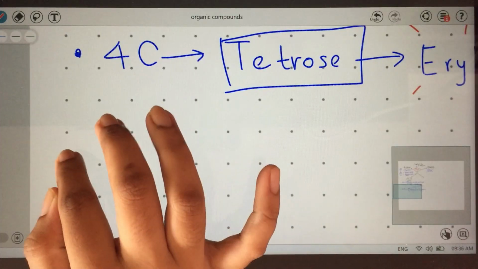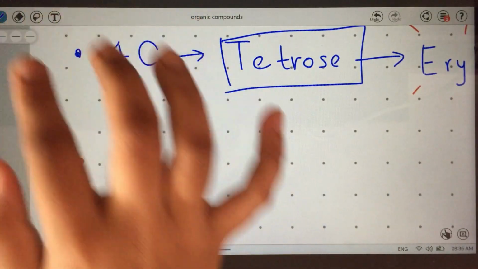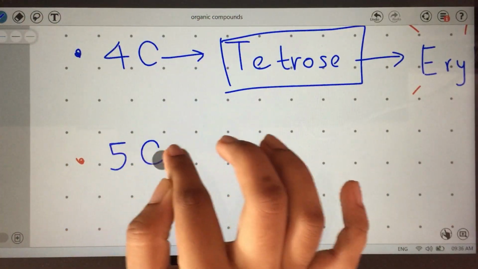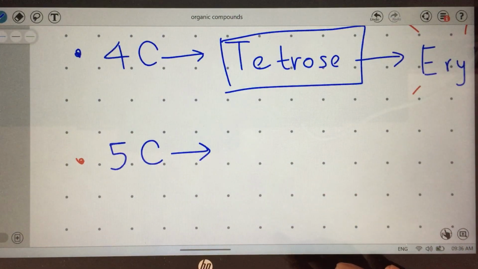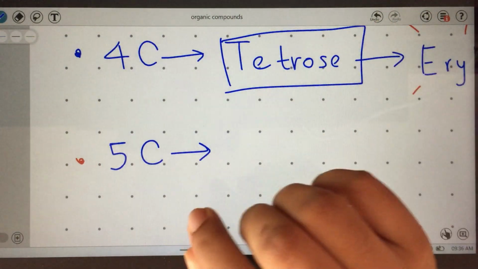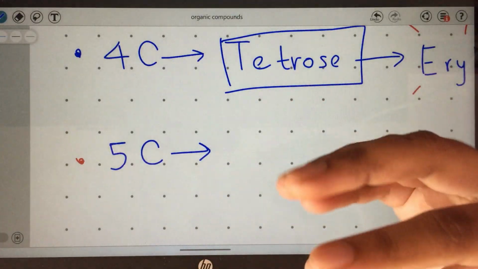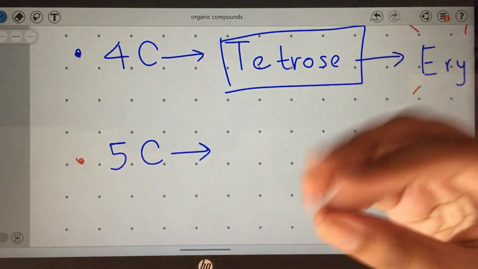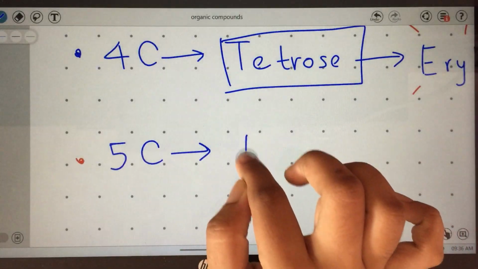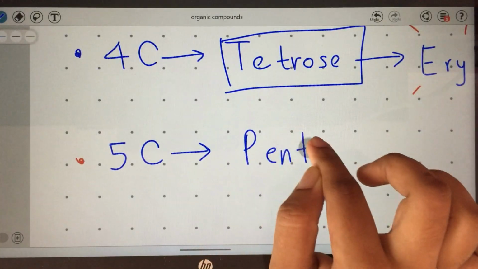Then we have 5-carbon. 5-carbon, what did we have? How do you call 5? Usually now, if there are 5 angles, sides, how do you call it? A pentagon. So here also pentose. Pent means 5. So pentose is going to be what? 5-carbon.